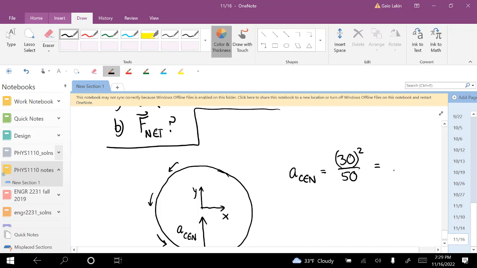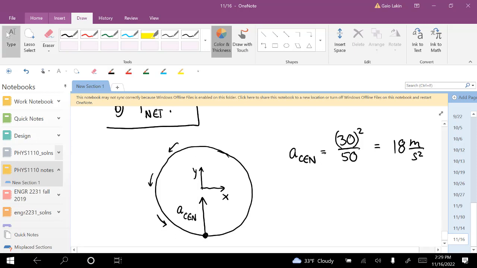And if you calculate that, you get 18 meters per second squared. Well, for the centripetal acceleration vector, we want the magnitude of 18 pointing in the direction of that vector that we drew. That's in the positive y direction. So this is equal to 0, 18.